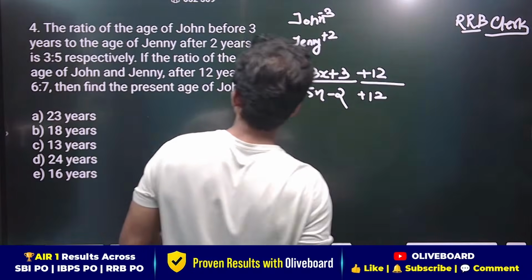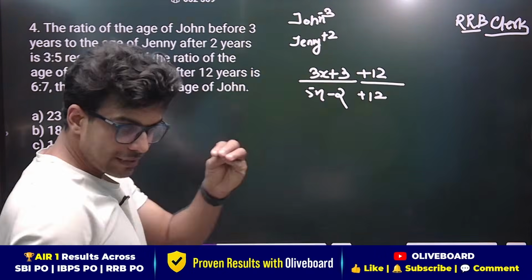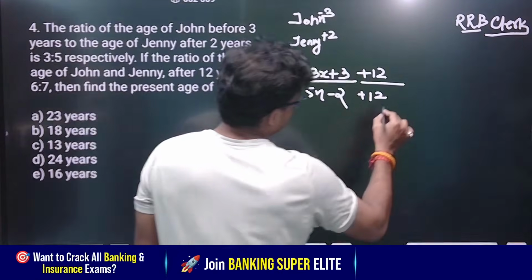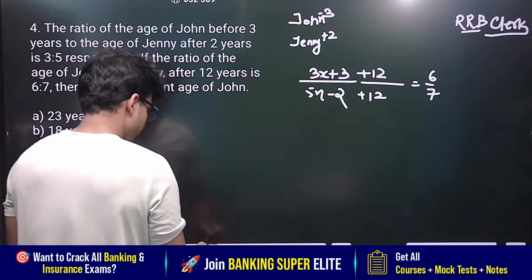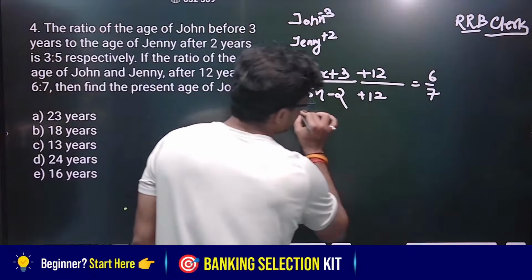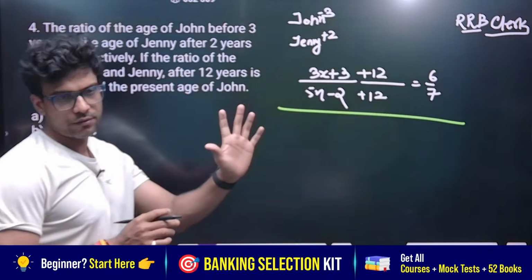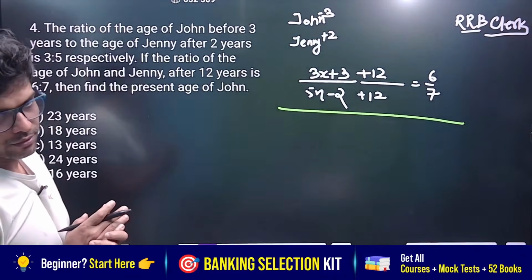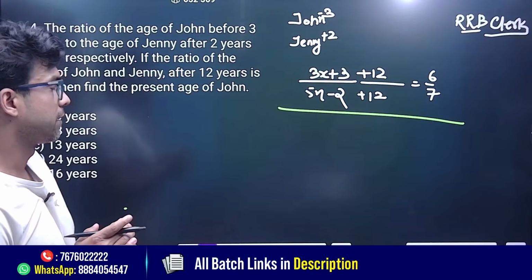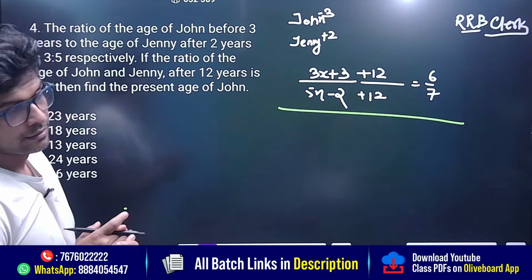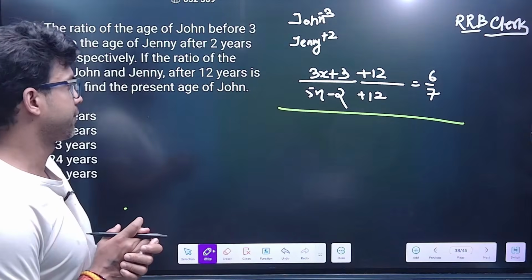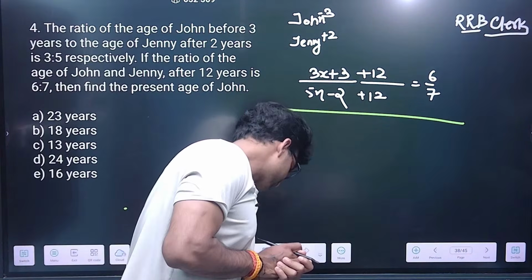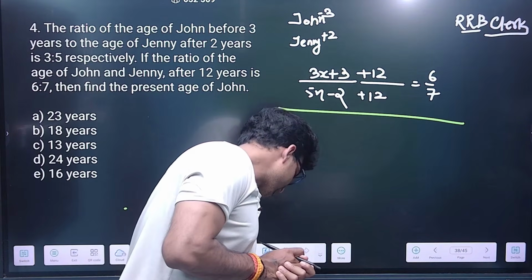What the question said, just write down, is 6:7. Can you guys just solve this equation for me? It is guaranteed, you'll get the answer. 7 3s are 21x plus 105. Nobody is answering.